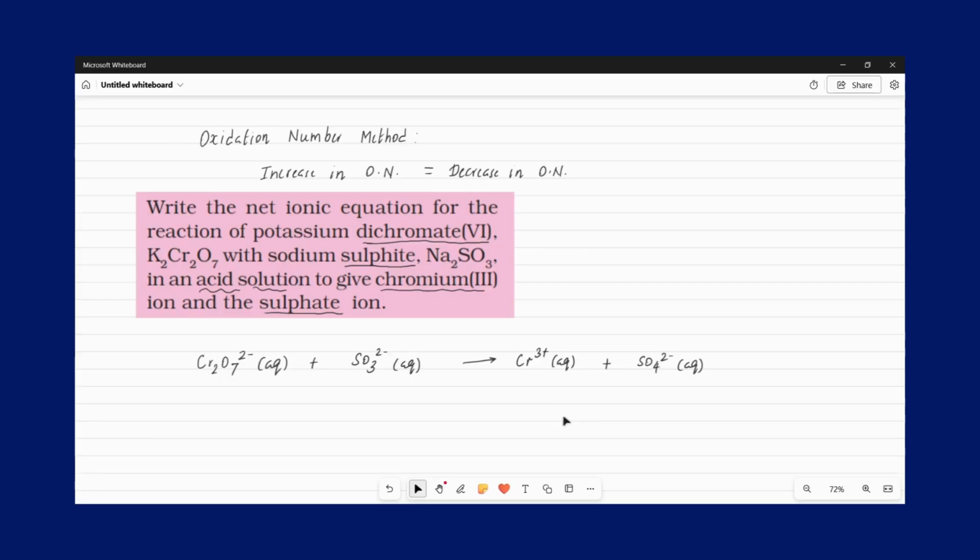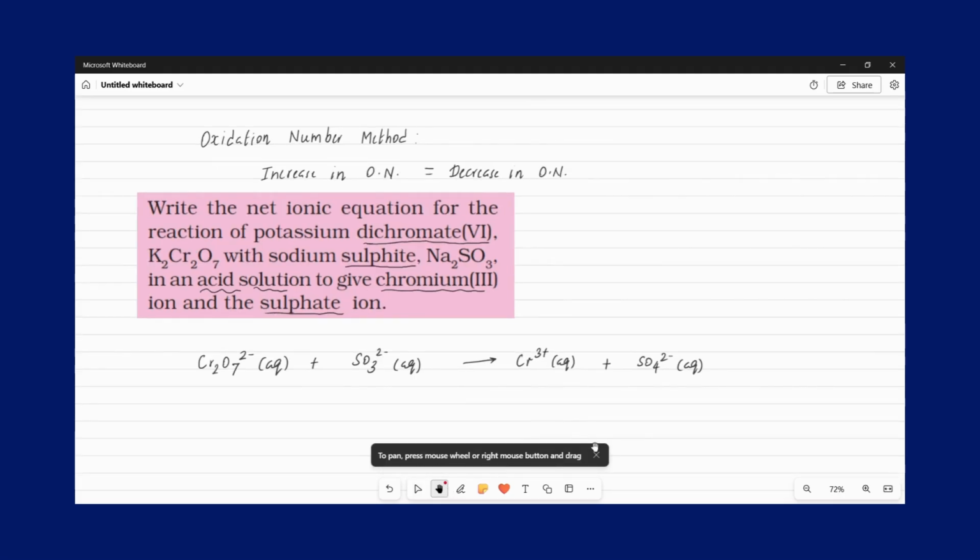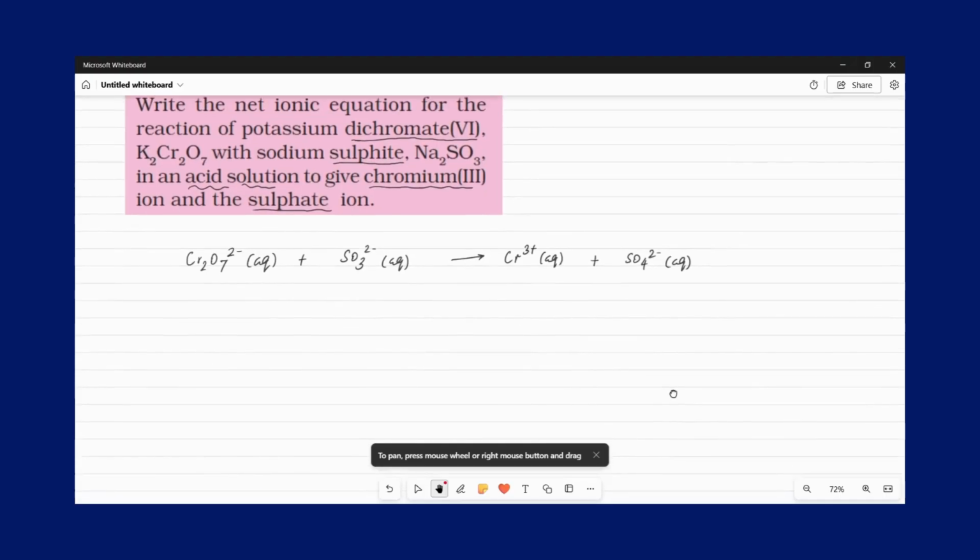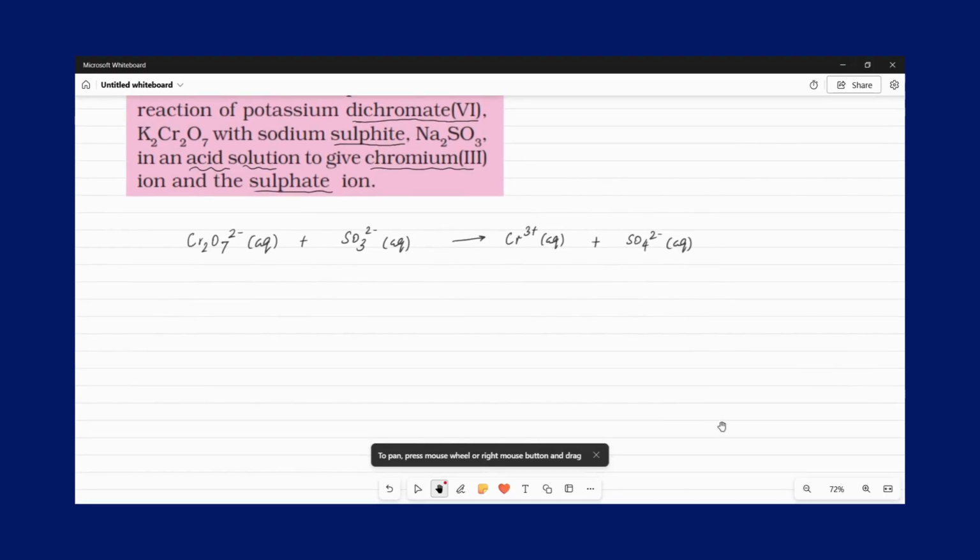Before you start doing anything, we can first balance the elements other than oxygen and hydrogen. Here there is no hydrogen included; later we introduce that. Now I am going to balance the other elements, chromium and sulfur.